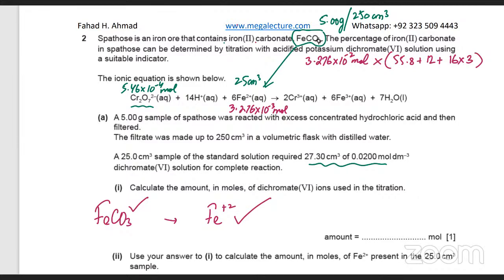So that's 3.79 grams. Now you can find the percentage purity: 3.79 out of 5 times 100.